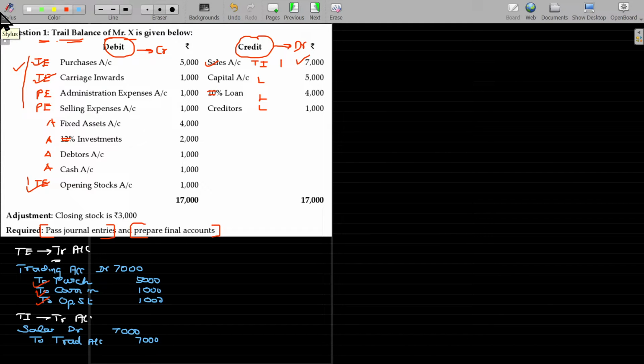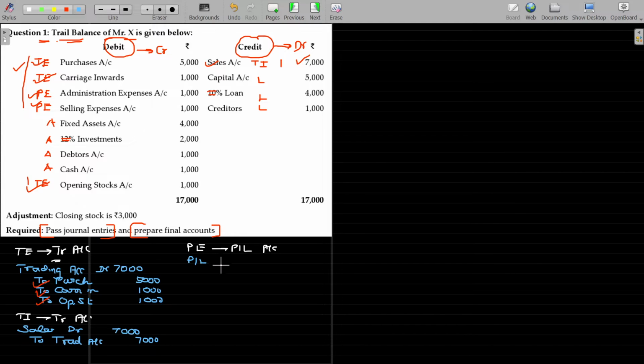Next, we will go for the profit and loss account items. We have two expenses to be transferable to the P&L account. The entry being, the debit should be credited, and you have to debit the account where it is transferred.